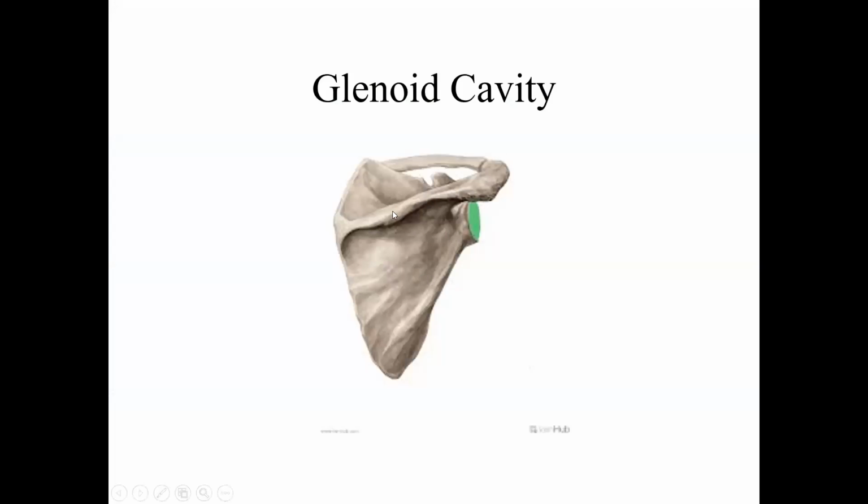There's the spine right there, and there's the acromion right there, articulating with the acromial end of the clavicle. This is the clavicle back here, and this is the acromion here. And that's the spine. So the acromion is a continuation of the spine itself.